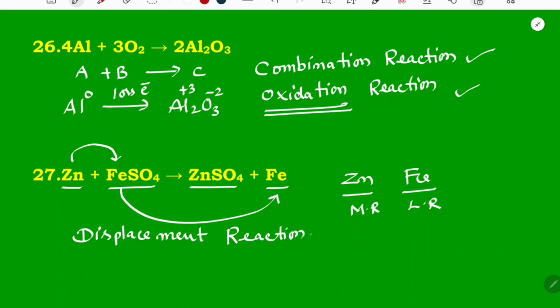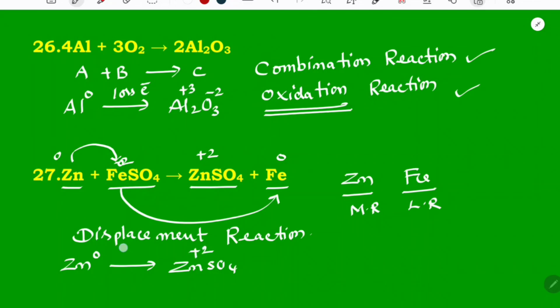Then here the oxidation number is 0, here plus 2, here 0, sorry, here minus 2, here 0. Just observe, zinc to zinc sulfate is formed, so here zinc oxidation state is plus 2.